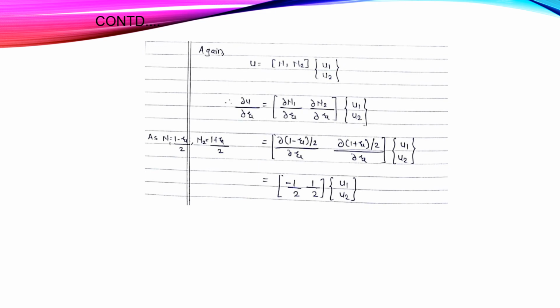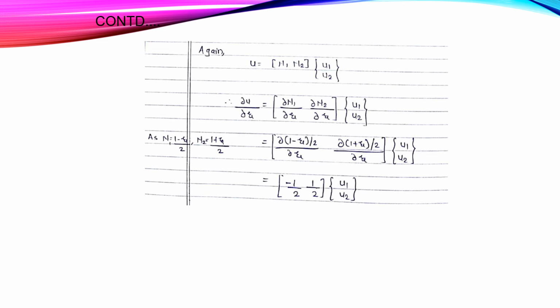Again, displacement I can write in the form of a matrix, the shape functions N1 N2 into u1 u2. So the partial derivative of this displacement equation with respect to zeta is del N1 by del zeta and del N2 by del zeta, and another matrix u1 and u2, where N1 is equal to (1 minus zeta) upon 2, and N2 is equal to (1 plus zeta) upon 2.